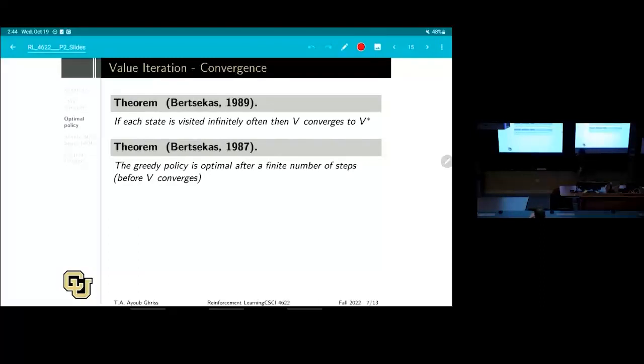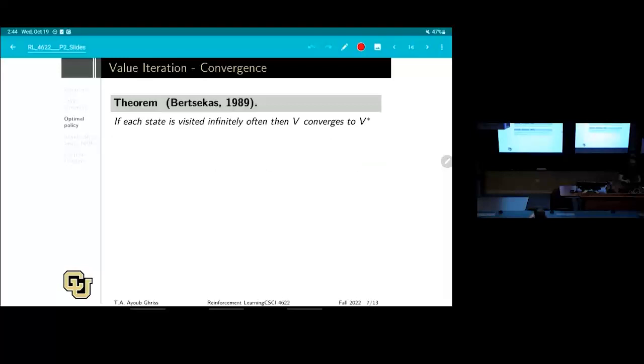The other advantage is that if we choose the greedy policy, we can converge faster than V converges. We're going to see why, but the concept here is that if I am in a certain state, let's take this simple example, okay?